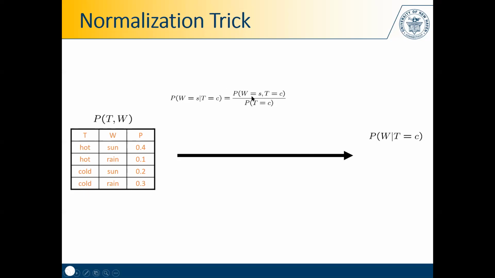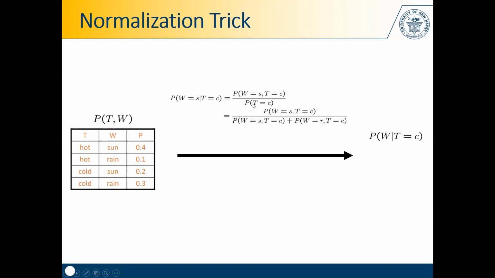what's this joint probability? Sunny and cold, 0.2, divided by what's the probability of the outcome being cold? 0.2 plus 0.3, which is 0.5. So this is 0.2 over 0.5. But let's see if we can decompose this further. What's the probability of T equals C?